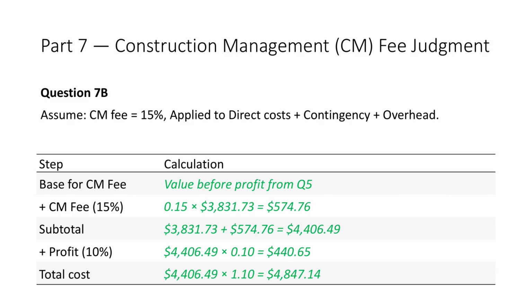Base for CM fee equals direct cost plus contingency plus overhead equals value before profit from question 5 equals 3,831.73. CM fee equals $574.76. New subtotal equals 4,406.49. Profit at 10% equals 440.65. Final project cost becomes $4,847.14. This shows how fee structure, not just percentages, affects price.